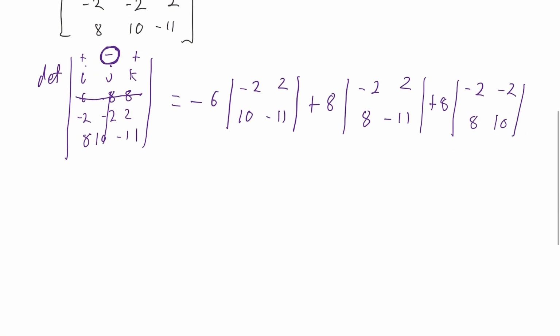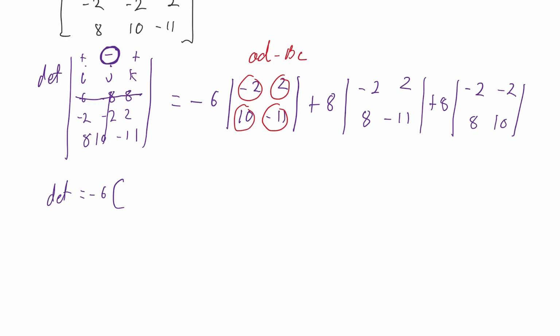So now if we do this, the determinant is equal to minus 6 outside of, this number multiplied by this number minus this number multiplied by this number. It's AD minus BC.